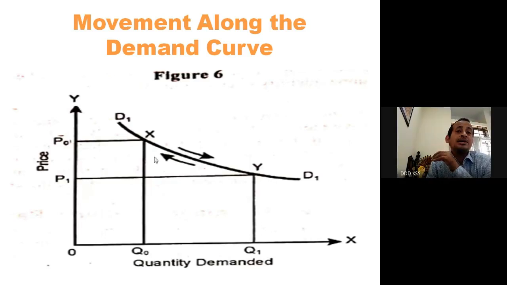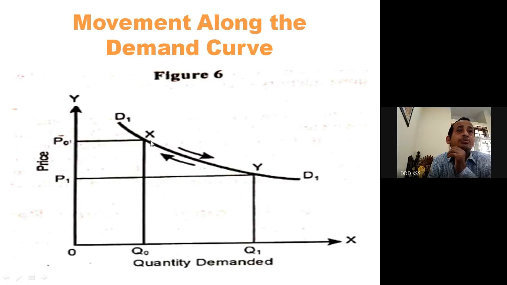Here the demand curve is D1. So the consumer moves up and down on the same demand curve. That's why I first explained the graph, and now I am going through the concept. So now you understand, this is the demand curve D1.